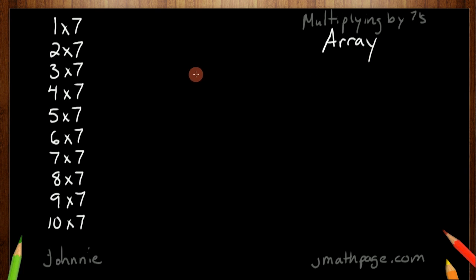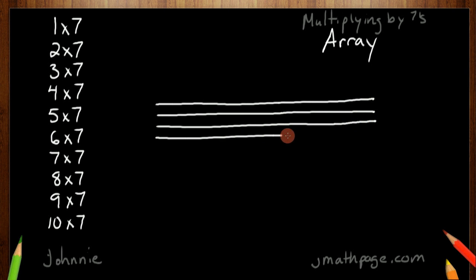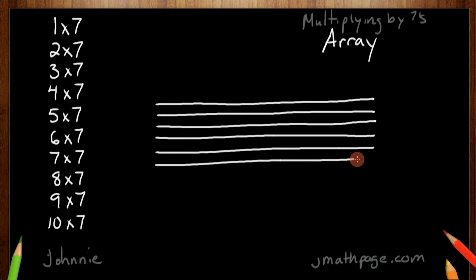Now, I need to build an array. An array is going to have rows and columns, and I have to decide how many rows and how many columns. Well, I know that since I'm thinking about 7's now, I need to have 7 rows. So let me go ahead and make 7 rows. 1, 2, 3, 4, 5, 6, and 7. 7 rows.